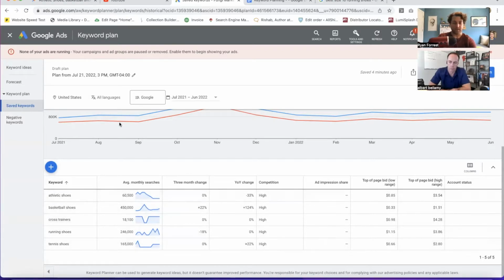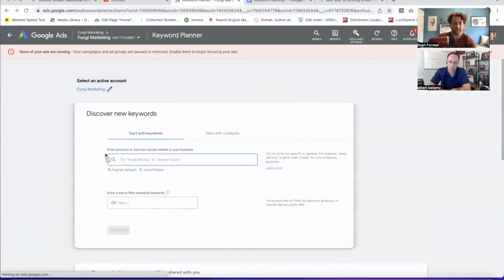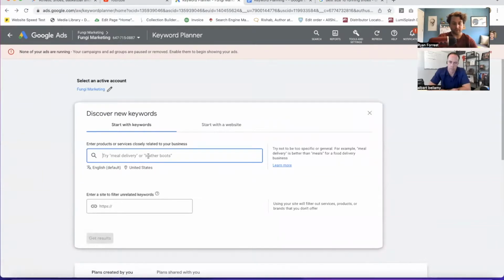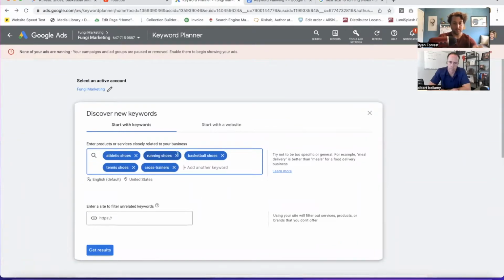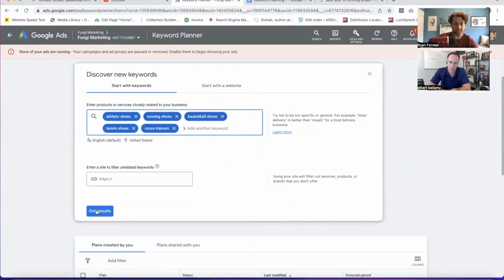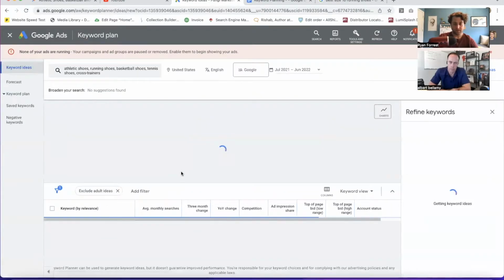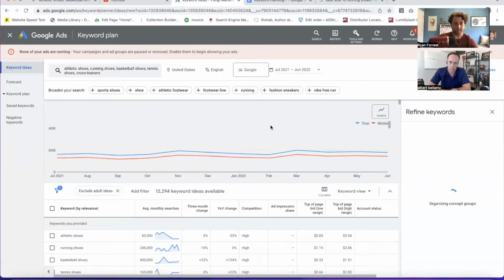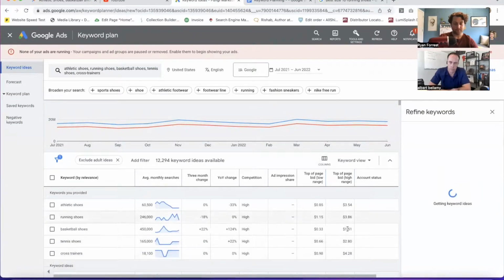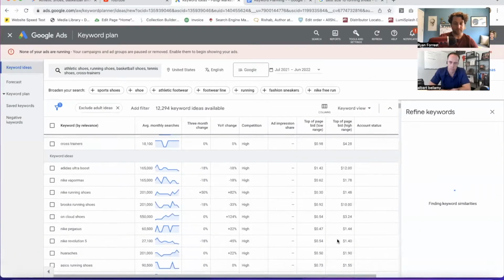Let's go back. I want to try something else and see if it changes things a little bit. It's still showing that for those terms.